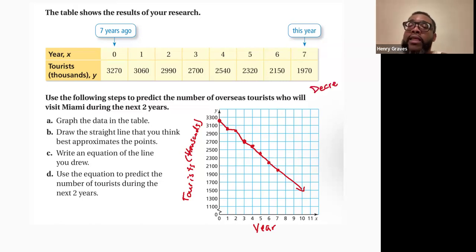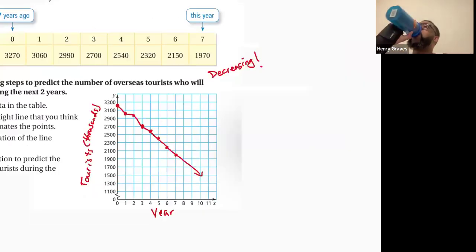So with that said, we've drawn our straight line. Now we need to do our equation. So I slide it over here. I'm gonna get some water. So slope m is gonna be y2 minus y1 over x2 minus x1.